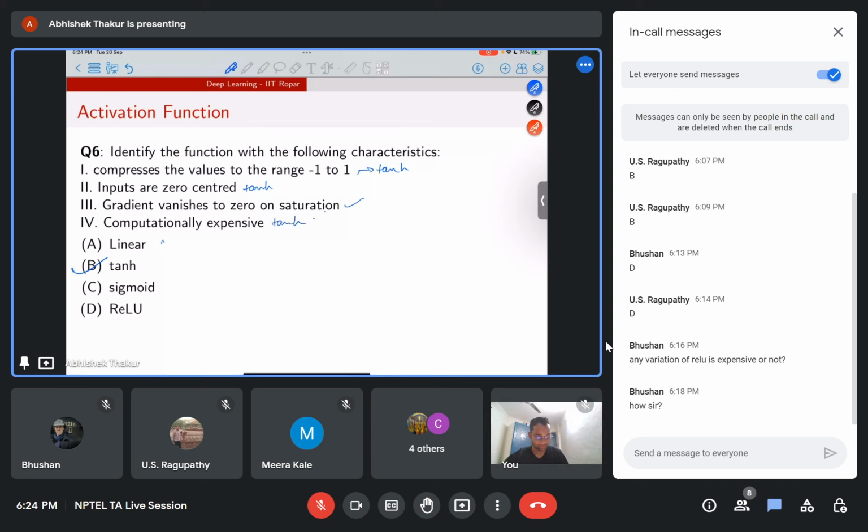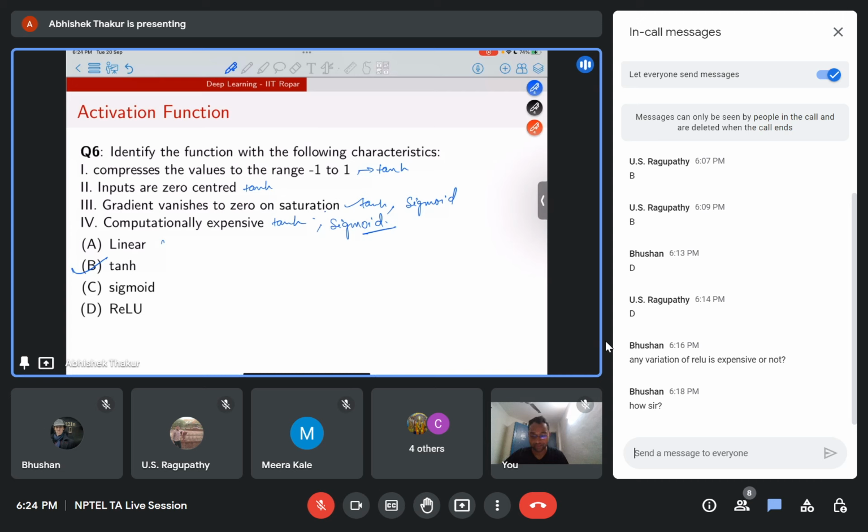The gradient vanishes to 0 for sigmoid also, and sigmoid is also computationally expensive, but we have to see which option satisfies all these statements. So option B is correct.